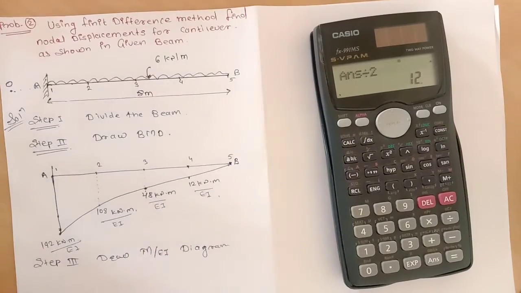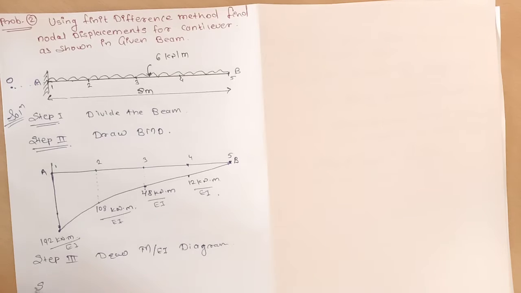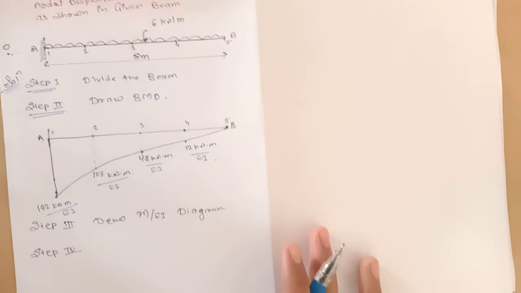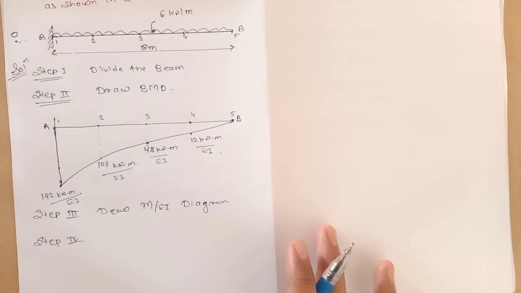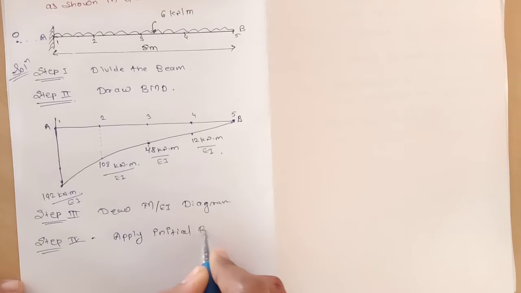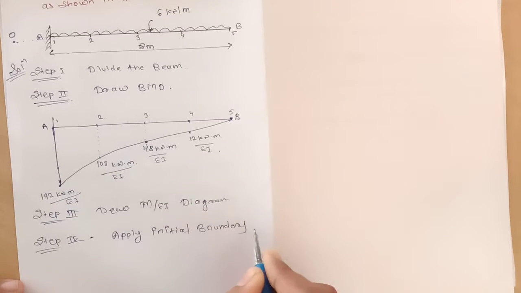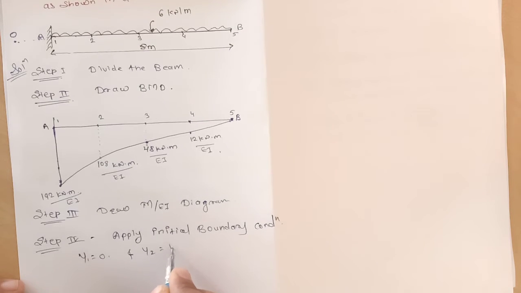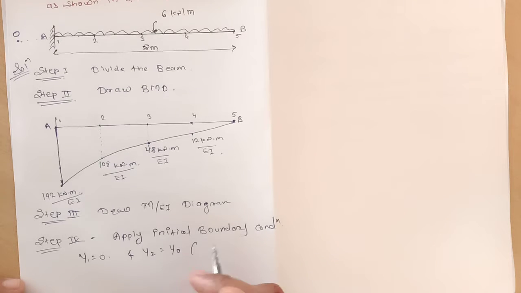Then next, step number 4, apply the initial boundary conditions. So y1 is equal to 0 and y0 is equal to y2. This is due to symmetry on both sides of the fixed support.